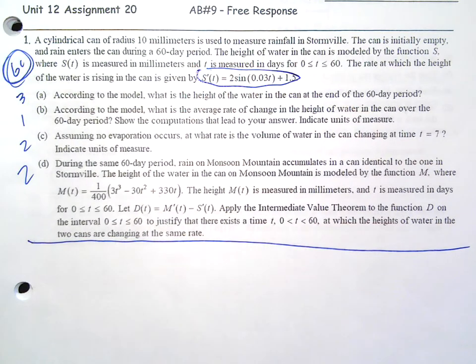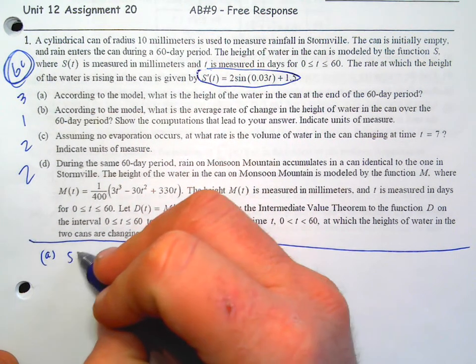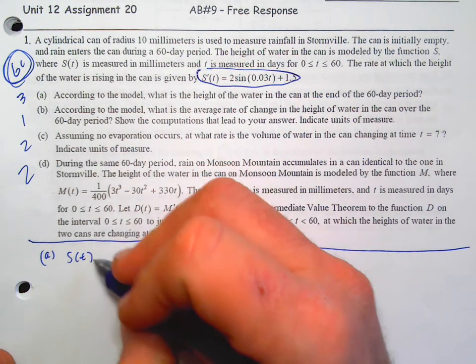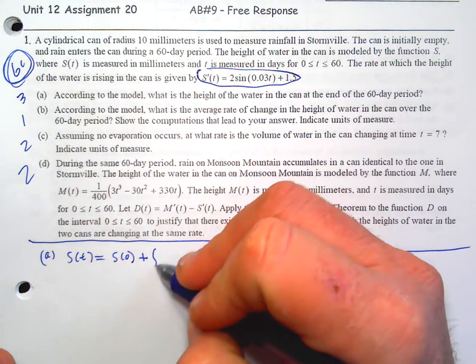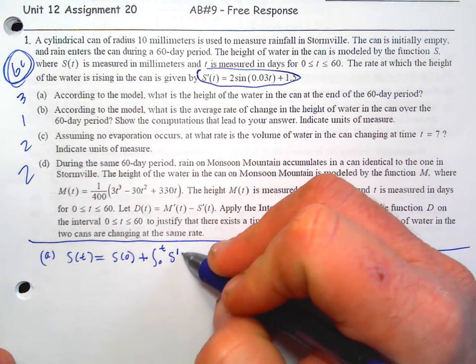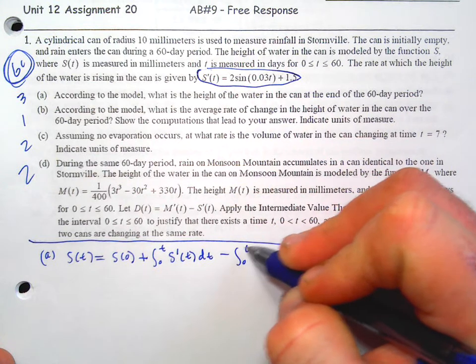Now, we could work backwards to find S, but I think it would just be easier to treat it as a rate model and say, okay, well, the amount is S. Instead of using capital M, use capital S because that's what they're using, would equal the amount at time 0 plus the integral from 0 to time t of the entering amount minus the leaving amount.